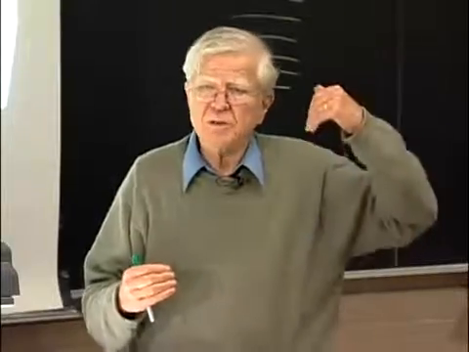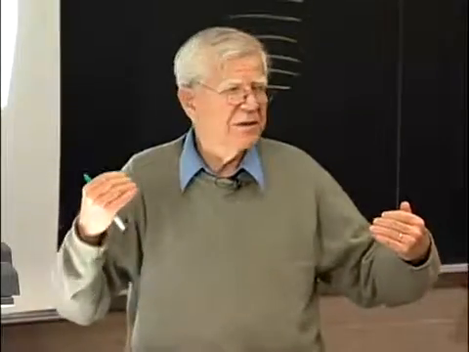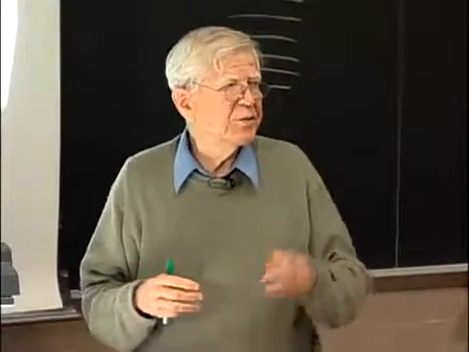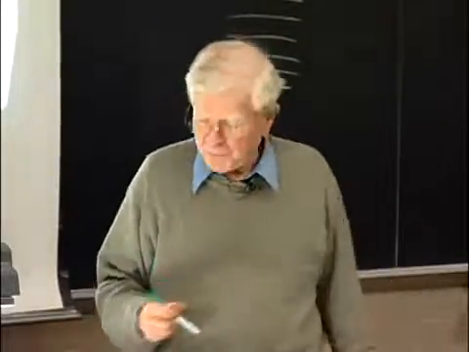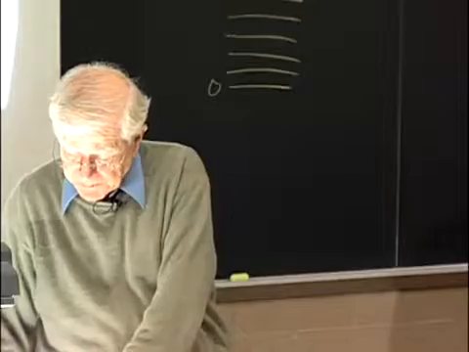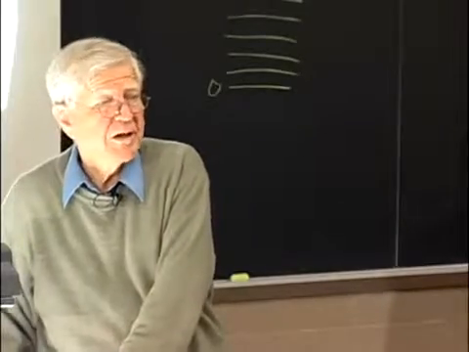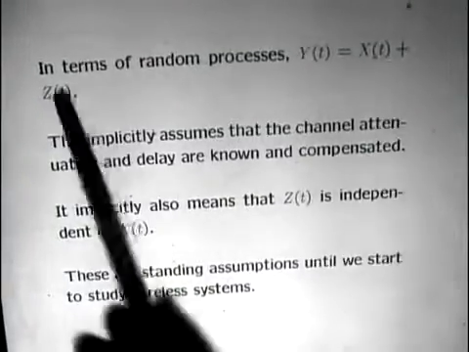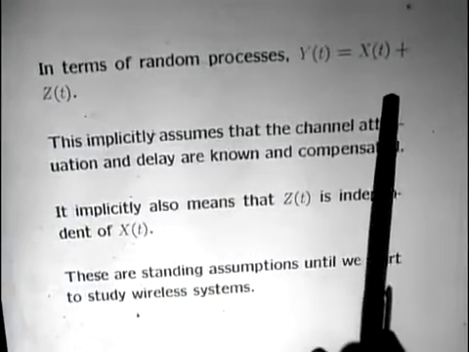So we might as well look at what's being transmitted as being the same as what's being received, subject to this attenuation, which is just some known factor which we're not going to consider. There's also this question of delay, and we're assuming that the delay is known perfectly. So that assumption is built into here.